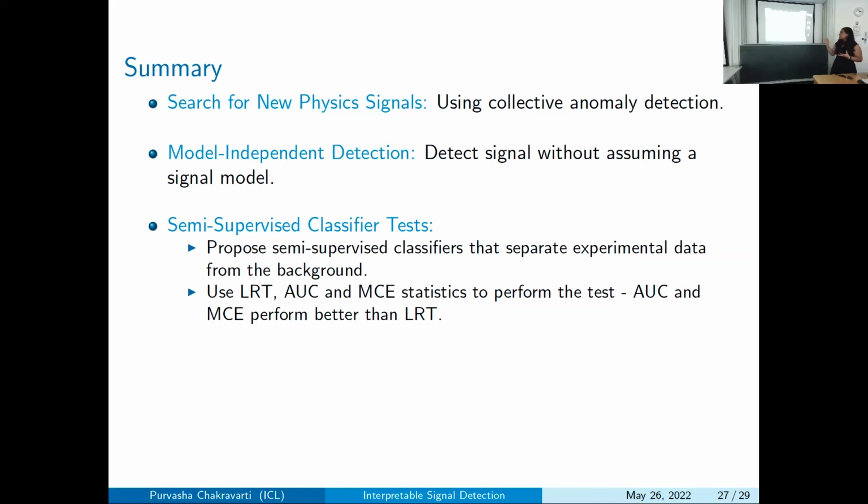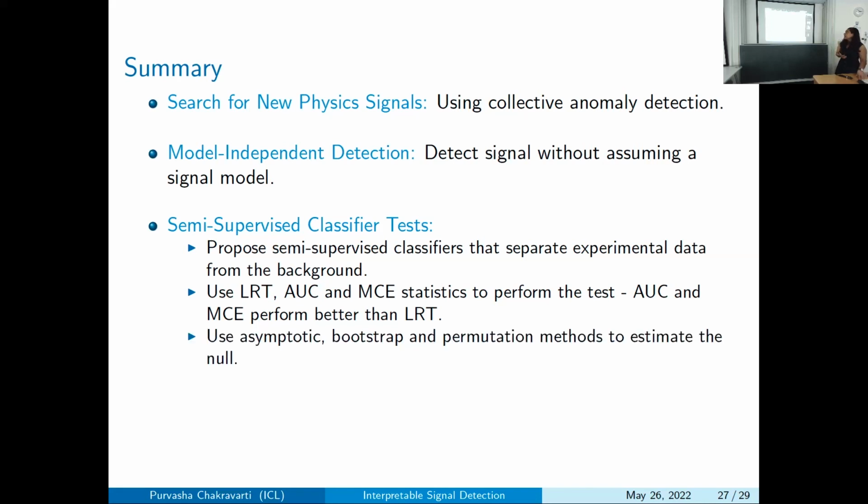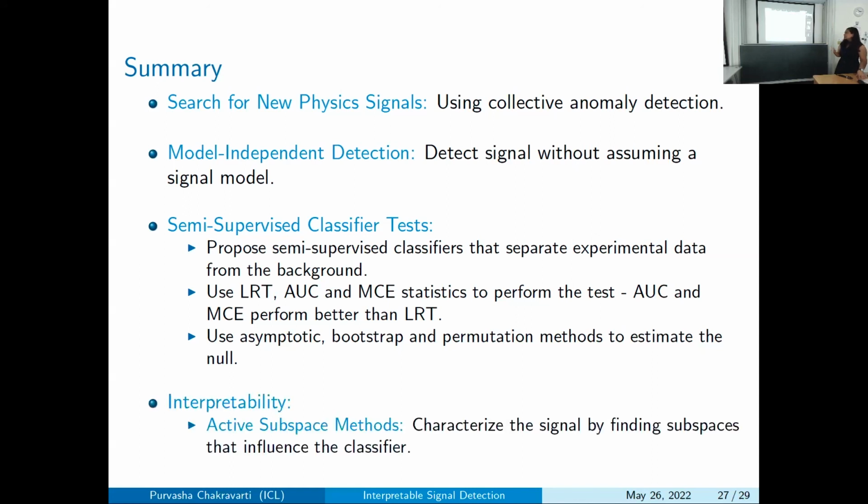The test statistics we used were the LRT, AUC, and the MCE. We also saw that the AUC and the MCE perform better than the LRT, which is something that we want to pass on to the physicists so that they start considering other possible test statistics for the other tests as well. And finally, we use the asymptotic, bootstrap and permutation methods to estimate the null distribution.